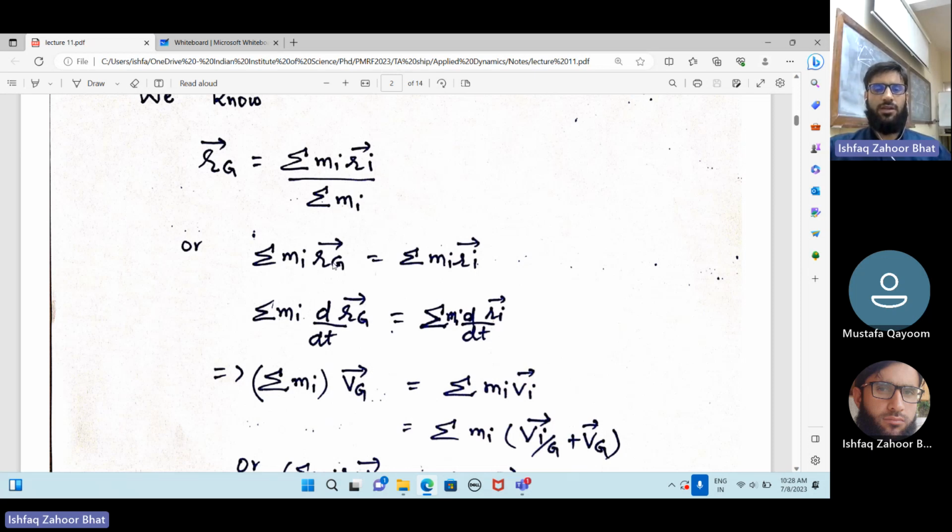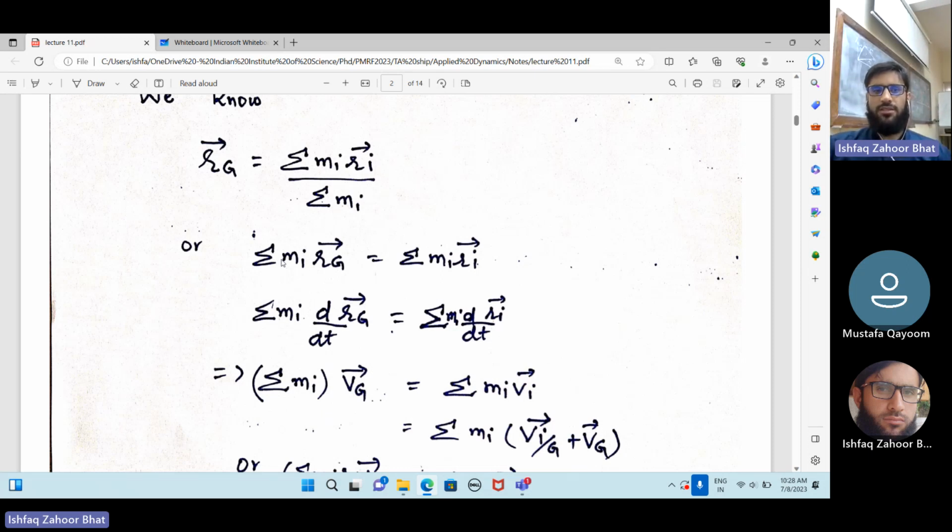It is characteristic of the system, and if you run i from 1 to n, this R_g will not change. It changes with time, I'm not saying that, but when the summation runs from the first particle to the nth particle, this doesn't change. It is some fixed point at a given instant of time, irrespective of which index you are using. So this R_g is outside the summation; the summation is only for this m.